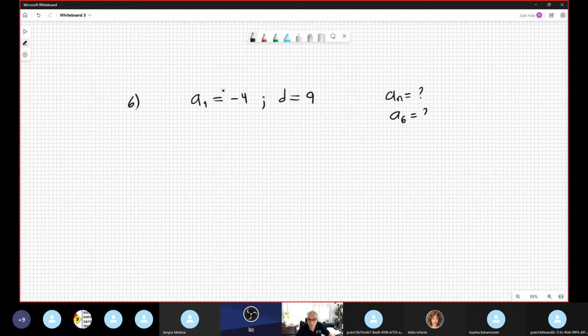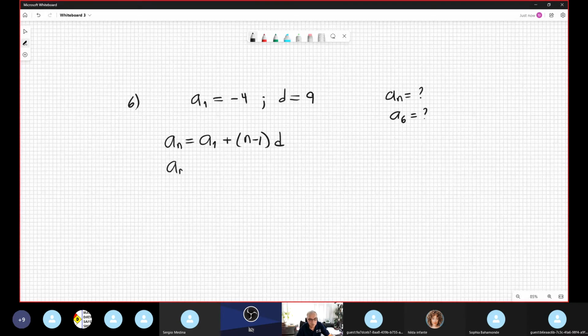So first of all, I want to find a sub n for any position. And the formula is clear. The formula is a sub n is equal to a sub 1 plus parenthesis n minus 1 times d. It's the formula for any arithmetic sequence.